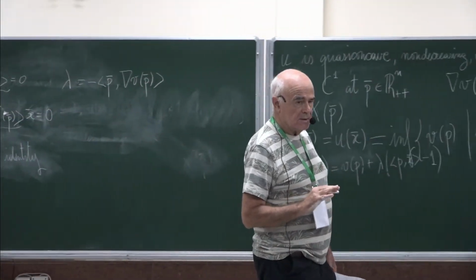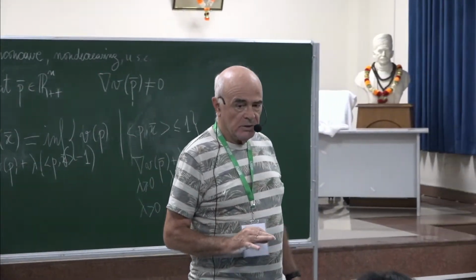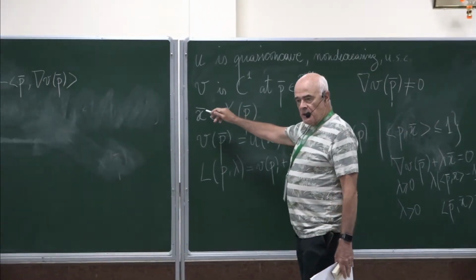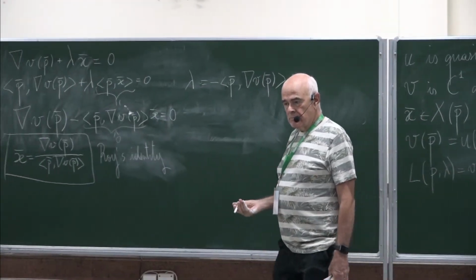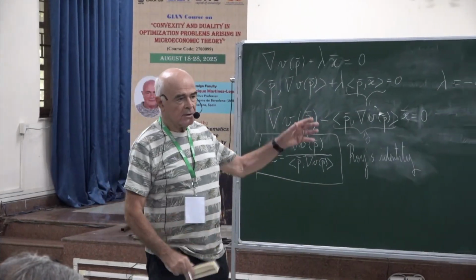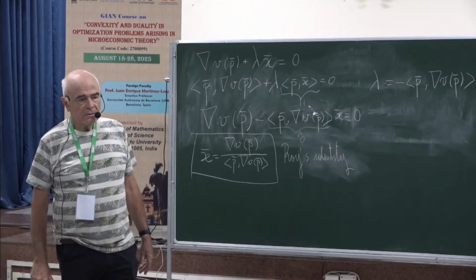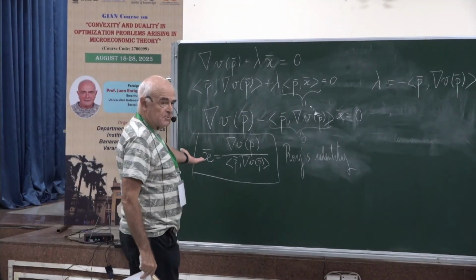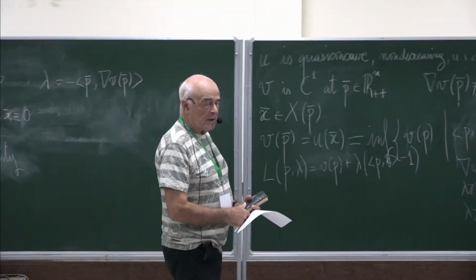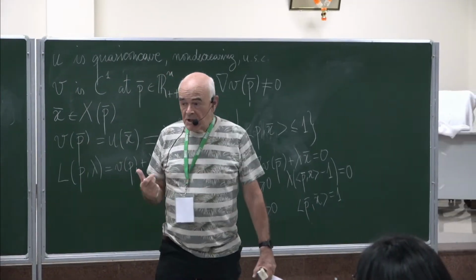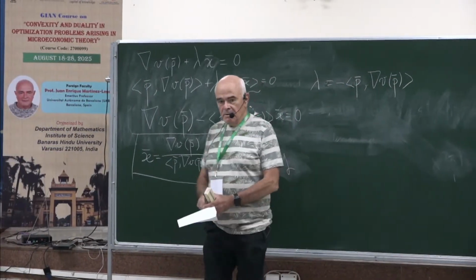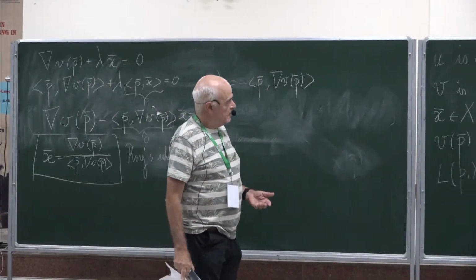Let us think a little bit about what we have obtained. We started with an arbitrary optimal solution, an arbitrary element in the demand set. And after all this reasoning, we found that there is only one, it must be this one. So here, at differentiability points, locally it's a mapping, a single valued function.